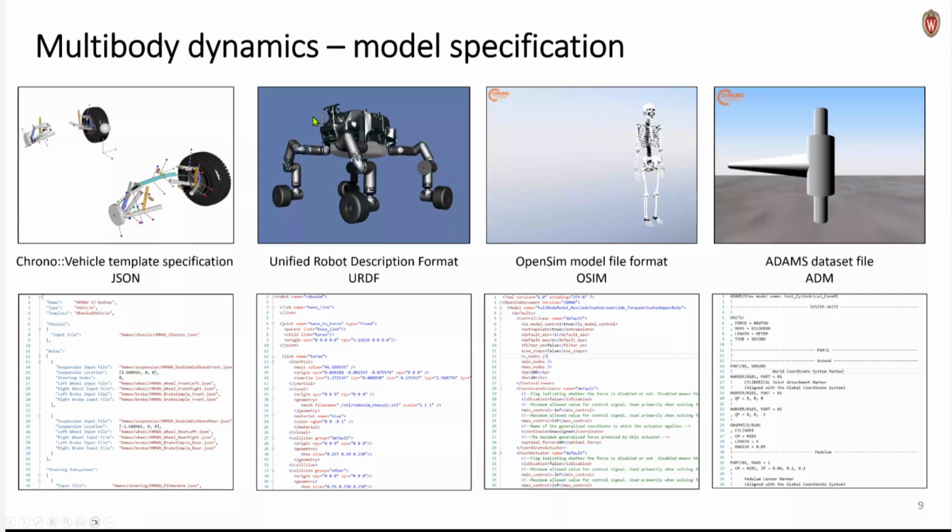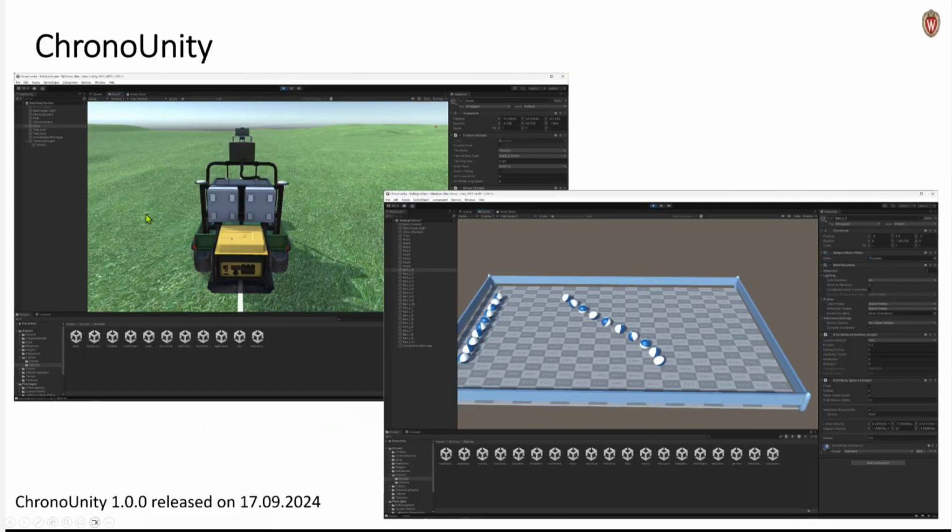Same for biomechanics, and this is our vehicle specification, which can be specified completely through JSON files, and you get a full vehicle model. As I mentioned, we also have an interface to Chrono Unity, so this will hopefully give you a GUI for Chrono. We just replaced the physics engine in Unity with Chrono, and you can model things in Unity.